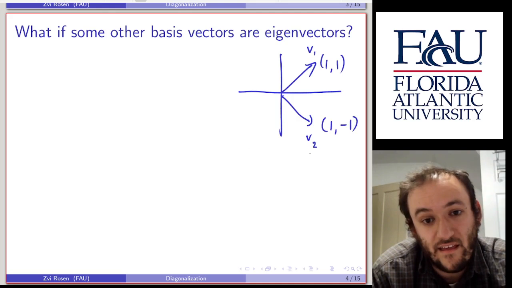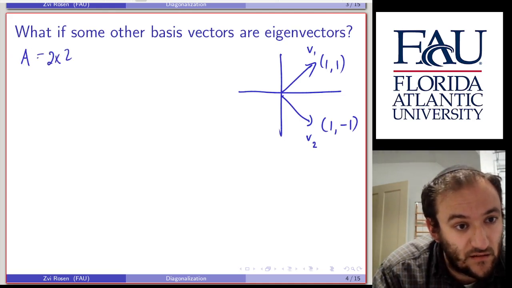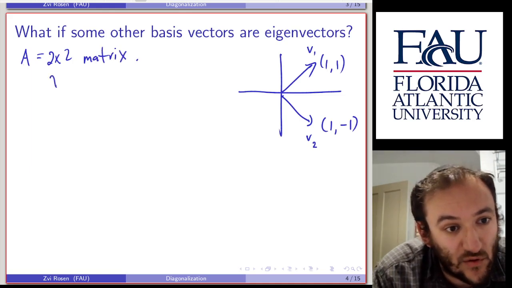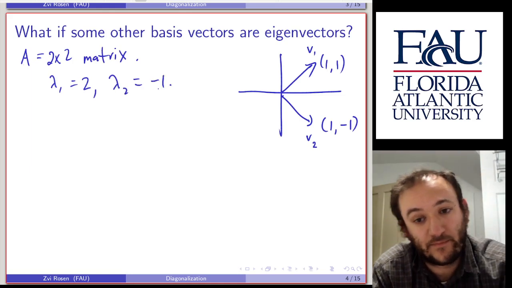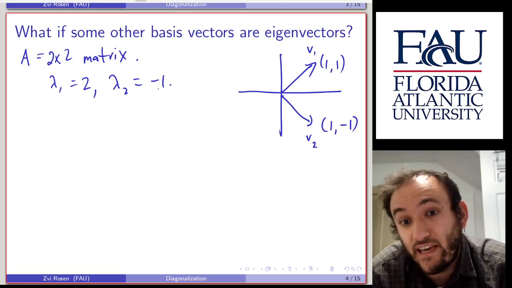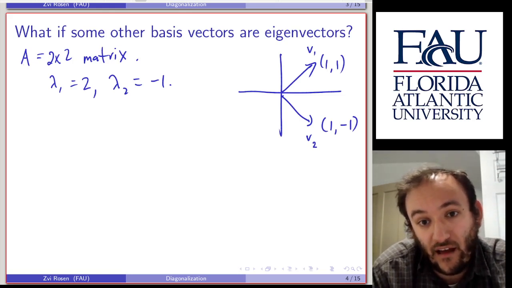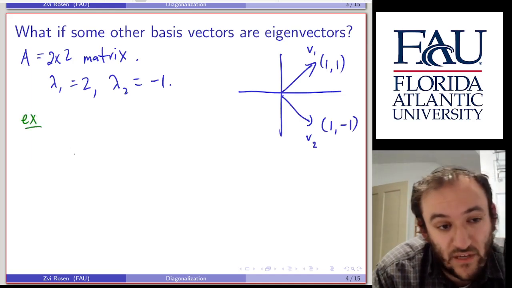And let's say that A is a 2 by 2 matrix, and lambda 1 is going to be 2, and lambda 2 is going to be minus 1. So if I know what the vector looks like in this basis v1, v2, I can just apply the matrix A in a straightforward way.